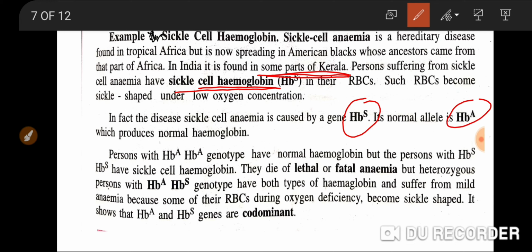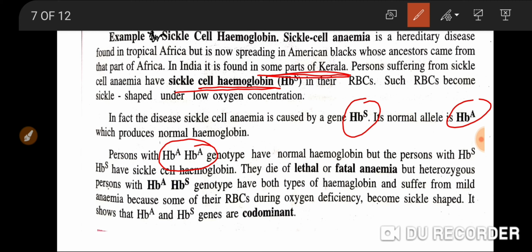Here we see that persons with the genotype HbA HbA have a normal hemoglobin, but persons with HbS HbS have the sickle cell hemoglobin, and these individuals will die of the lethal or fatal anemia.